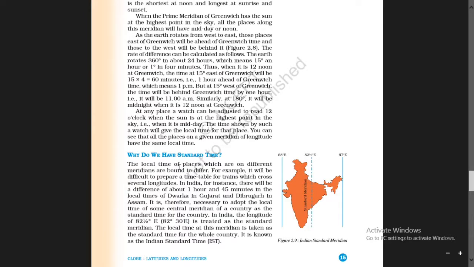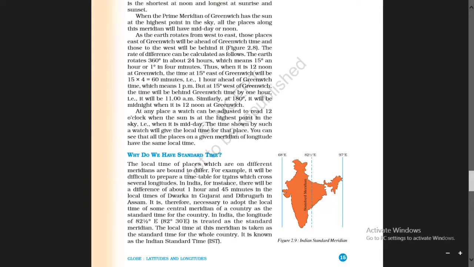The local time of places which are on different meridians are bound to differ. For example, it will be difficult to prepare a timetable for trains which cross several longitudes.